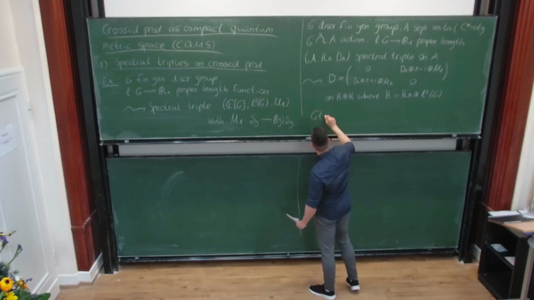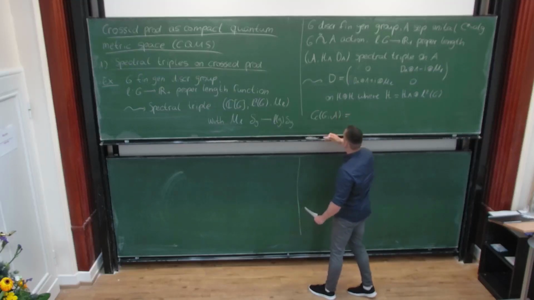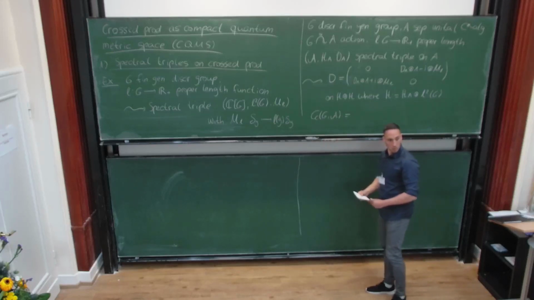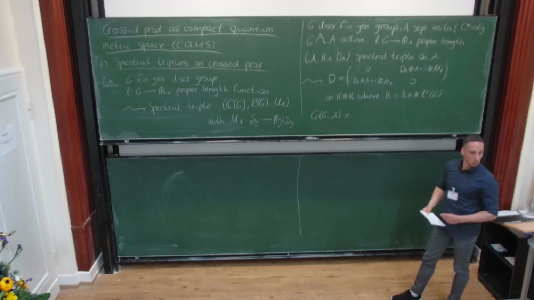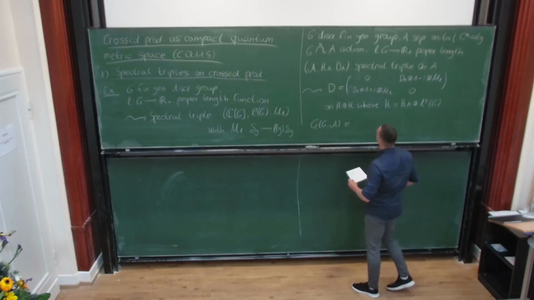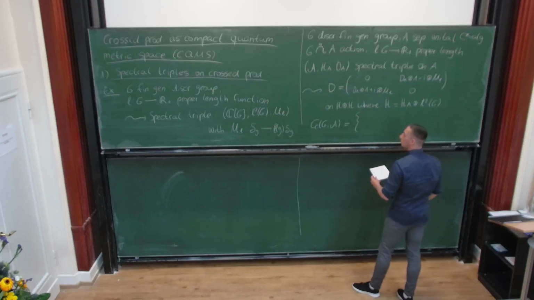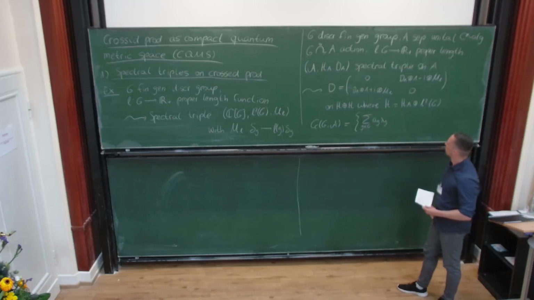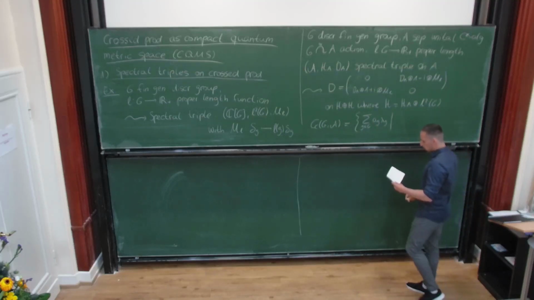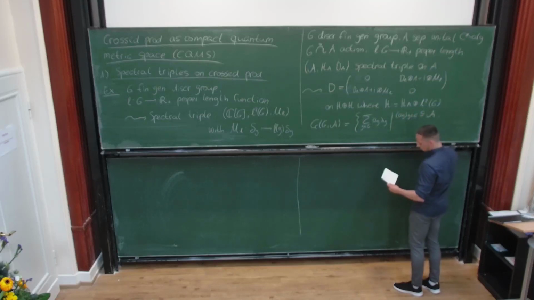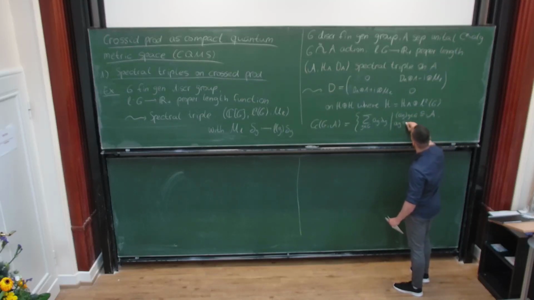It's a natural choice to look at compactly supported functions on G with coefficients in curly A. We look at all sums of the form a_g times lambda_g, where the lambda_g are the left regular representation operators and the a_g are coefficients in curly A, and we want almost all of these a_g to be 0.